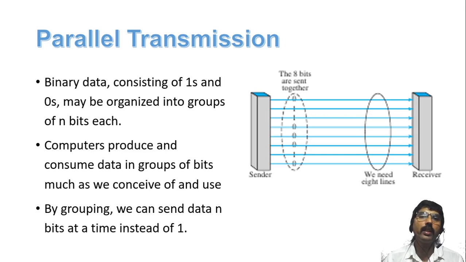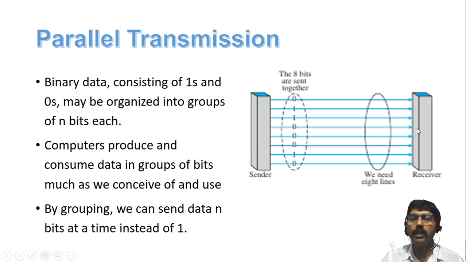The first one is called parallel transmission. In parallel transmission, we are grouping ones and zeros into a group. N number of bits we are grouping here and transmitting those n bits at the same time.